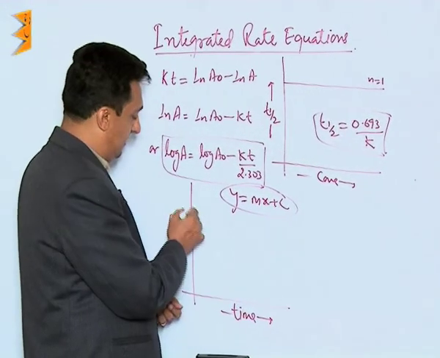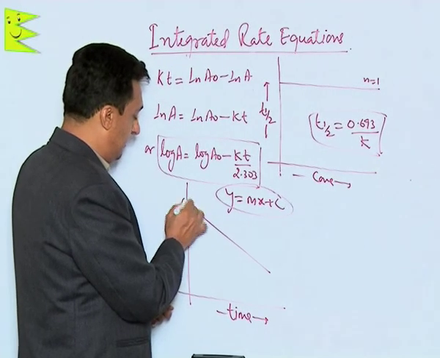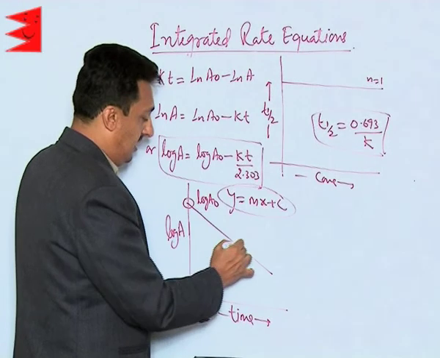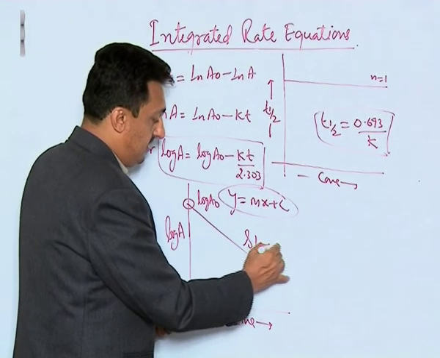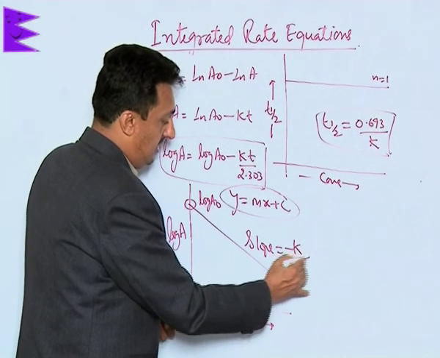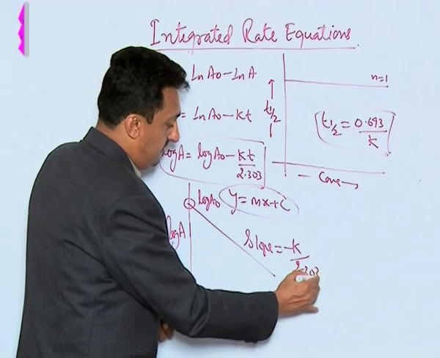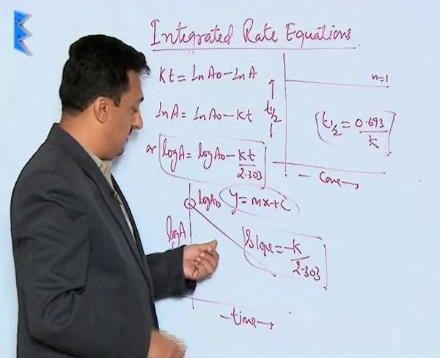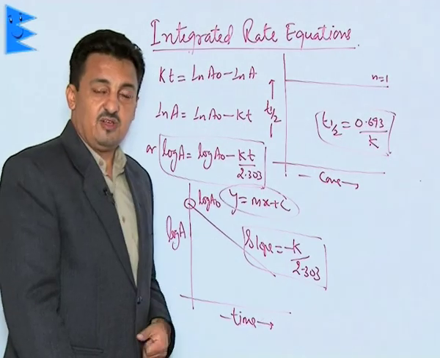What we get is a straight line which intercepts the y-axis at log a naught, and the slope is minus k upon 2.303. So this is the graph from the equation of the first order reaction.